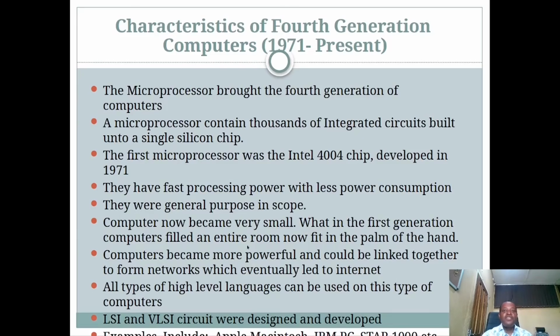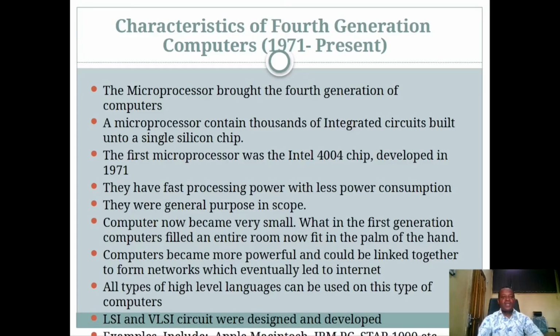It is in the fourth generation computer that we also have seen the emergence of LSI and VLSI circuits. LSI stands for large scale integrated circuit or large scale integration, and VLSI stands for very large scale integration.